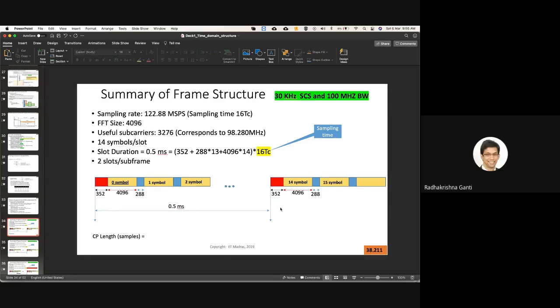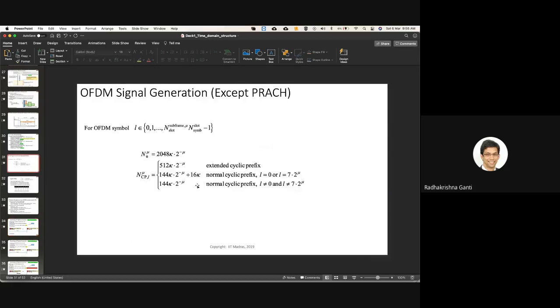So what did we see here? Let's focus on the normal cyclic prefix. The top thing tells 2048 into k into 2 power minus mu.